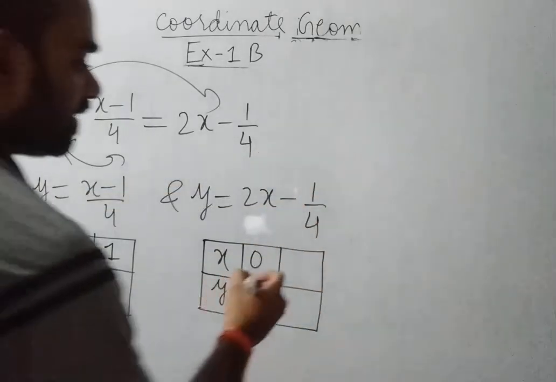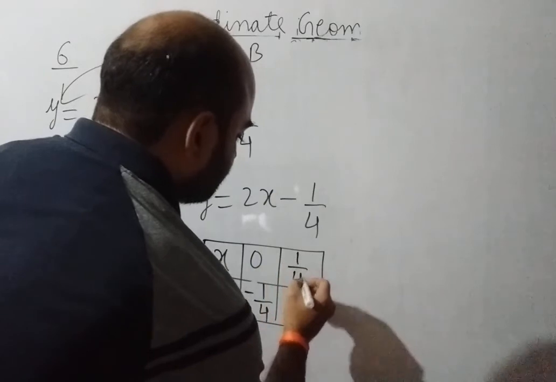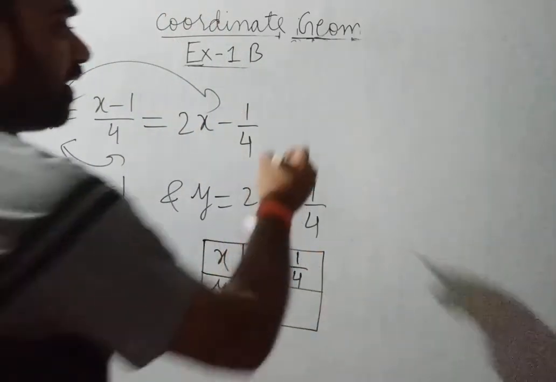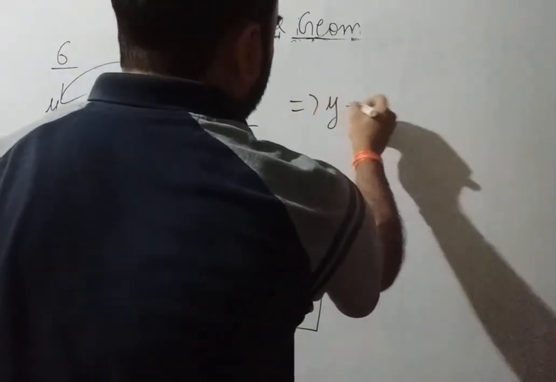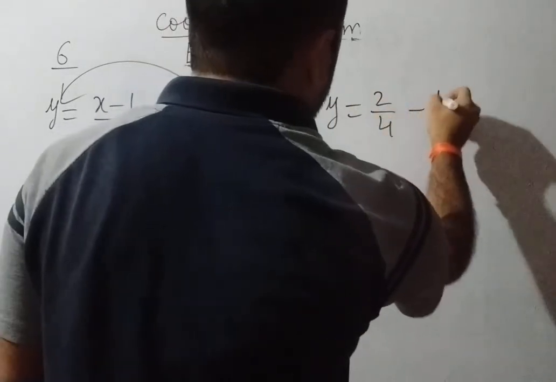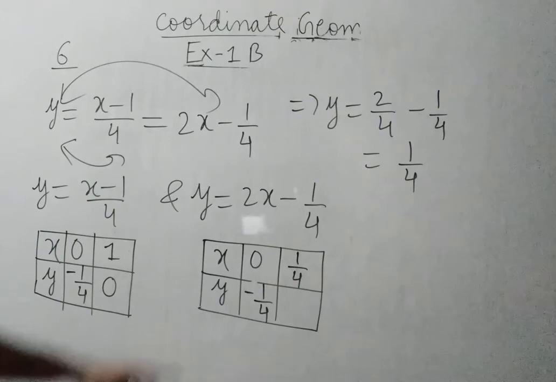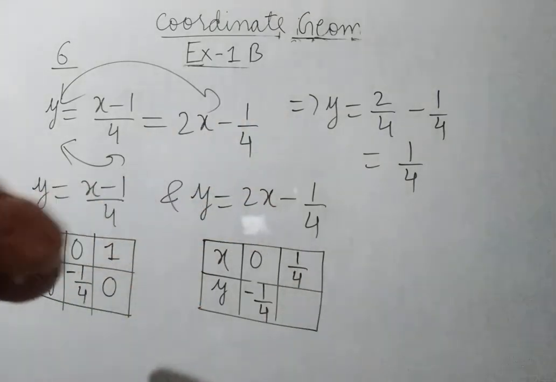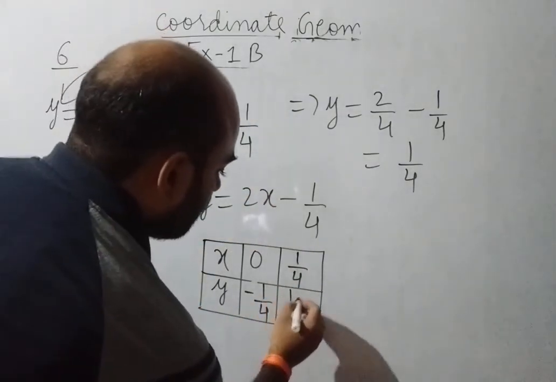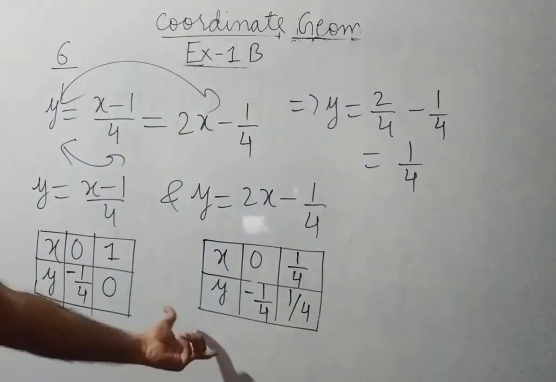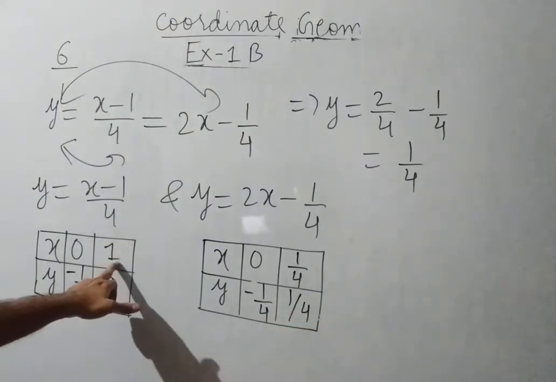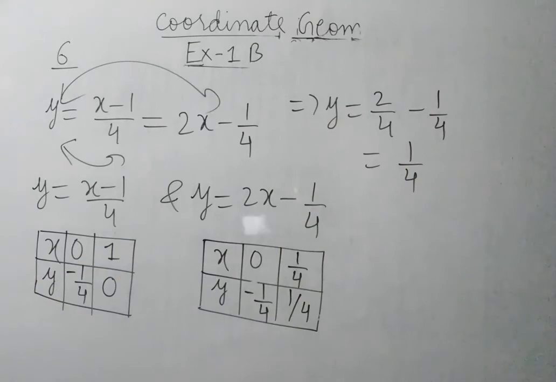If x is 1 upon 4, then substitute. If x is 1 upon 4, then y will also be 1 upon 4. So we have got the points. We will write 1 as 4 upon 4. Clear?